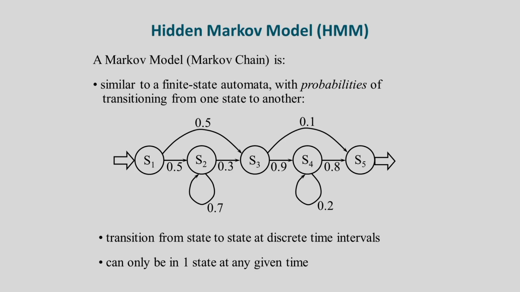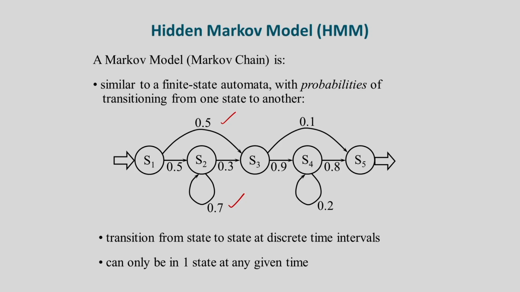It has a number of states S1, S2, S3, S4, S5 like this, and I have shown the transition from one state to another state, the transition from S1 to S3, from S1 to S2, from S3 to S4 like this you can see, and with a probability, suppose the transition from S1 to S3 with a probability of 0.5, and also I have shown the self transition. You can see in case of the state S2 the self transition is taking place with a probability of 0.7. So the transition from one state to another state I have shown here.